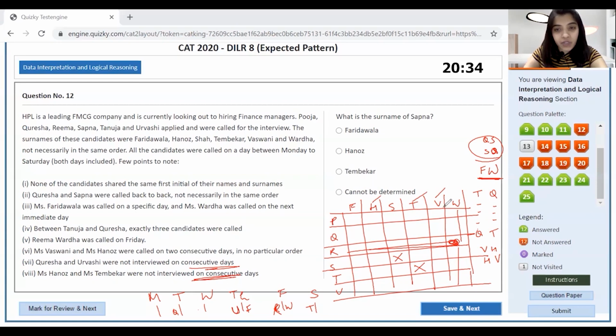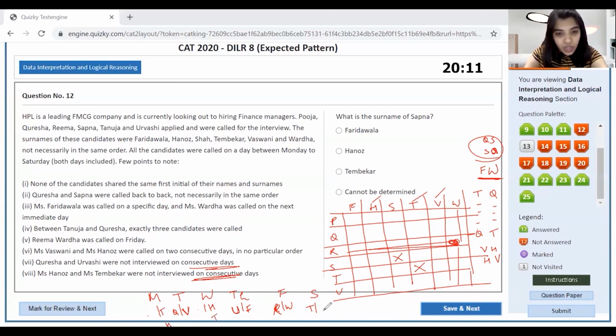These are three surnames left. Now we know Hanoz and Tembekar were not interviewed on consecutive days, so they have to be either of these two. Hanoz, Tembekar, Tembekar, Hanoz. So we know this is Tembekar, Hanoz, and we know that this is Vaswani. This is for sure. Then we know Hanoz and Vaswani was anywhere here. So this could be Hanoz, this could be Tembekar, this could be Hanoz, this could be Tembekar.